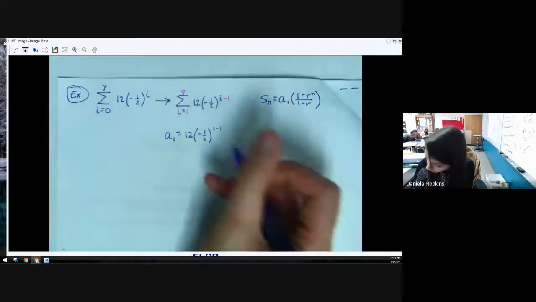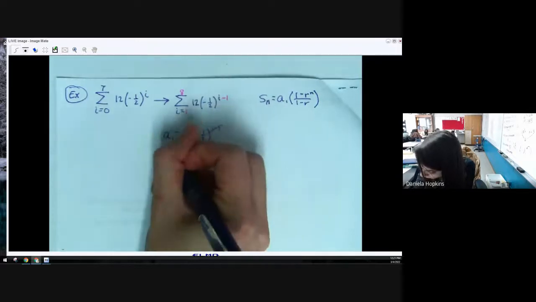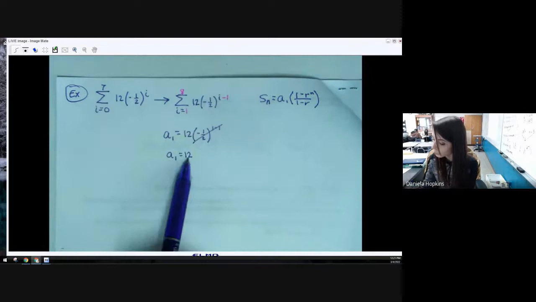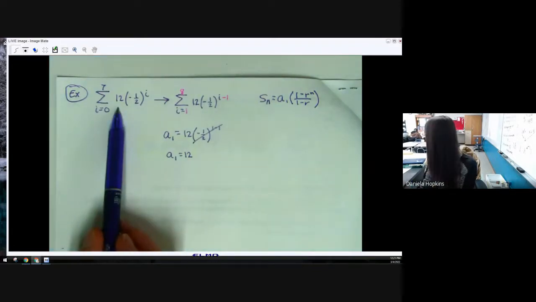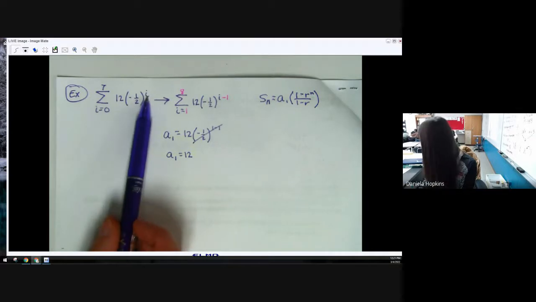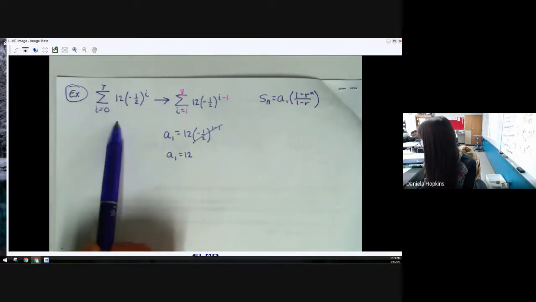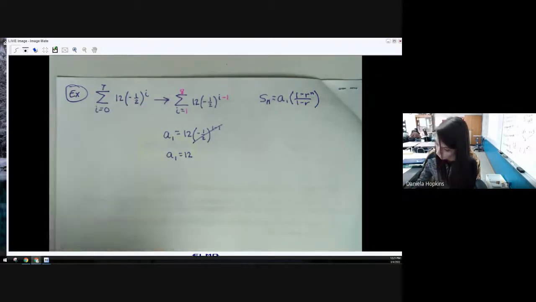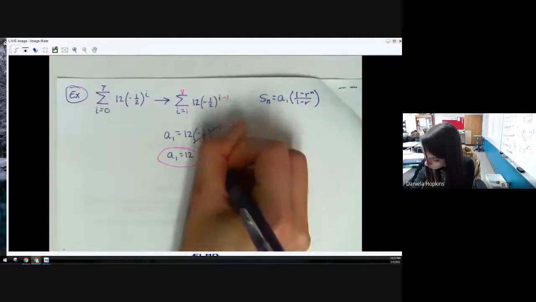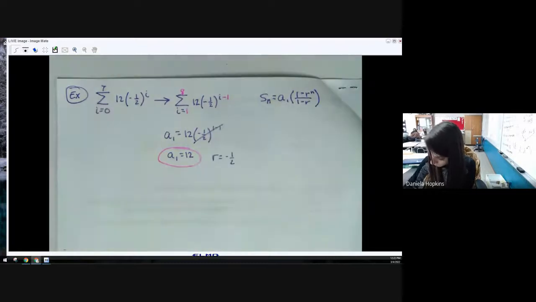And remember, I said what would happen. That's always going to go away. And our first term will be 12. Notice if we had tried to find the first term here, it would not have been 12, right? Because this would have been negative 1/2 to the negative 1, and that wouldn't have gone away. My r here is negative 1/2.